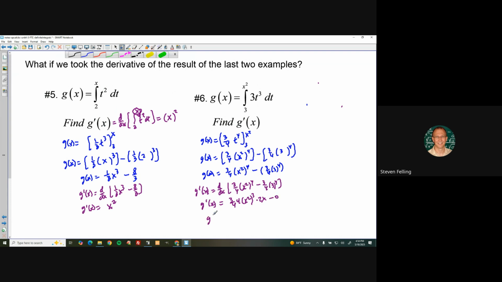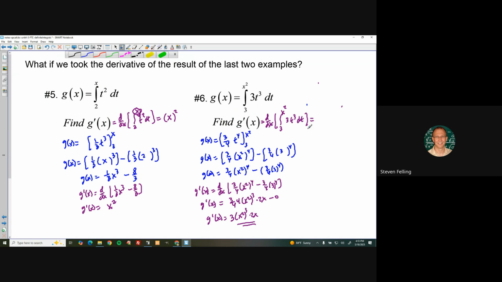So the result here is g prime of x is, these cancel and produce 3 times x squared cubed, but times the 2x. So could we do something simpler here, like we did over here, and recognize that the derivative cancels off the antiderivative? We can. G prime of x is equal to the derivative of this g of x, which is the integral from 3 to x squared of 3t cubed dt.